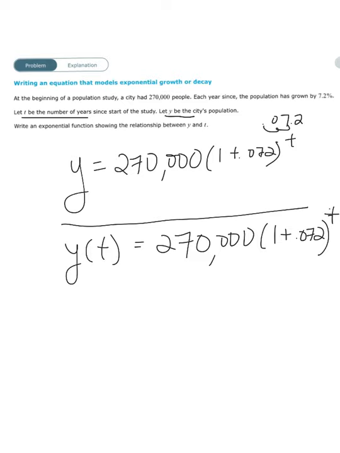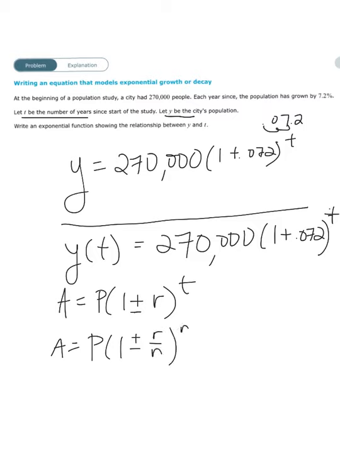But just to recap, we have 3 formulas. This is exponential growth and decay, plus or minus. And we have compound interest. And compound interest is almost always plus, but just in case.